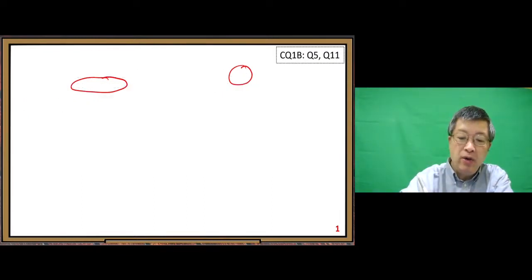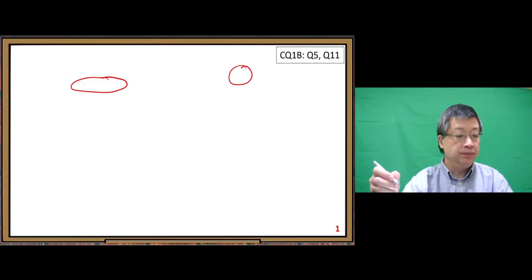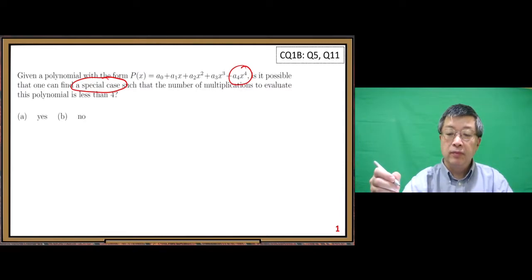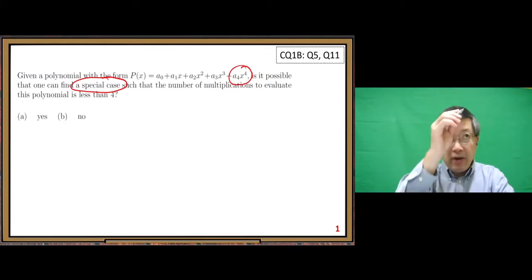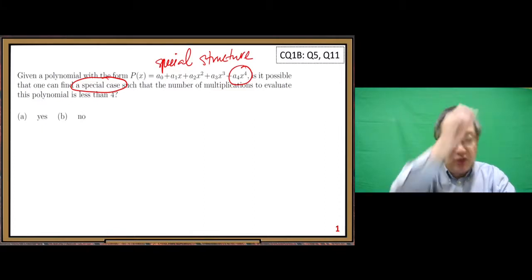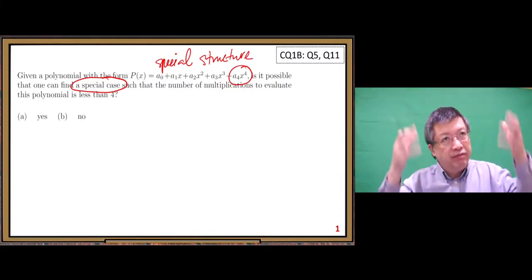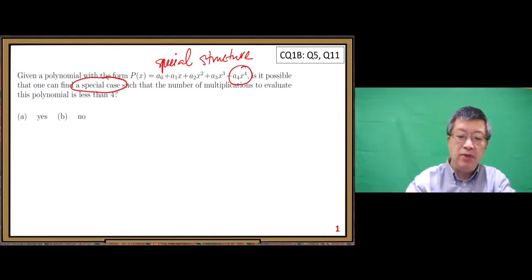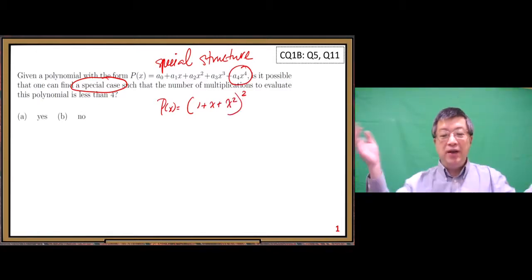Some special polynomial, we can give some special structure. And by taking advantage of the special structure, we can reduce the number of multiplications. For example, let me give you one simple example: P of x equals (1 plus x squared) squared.